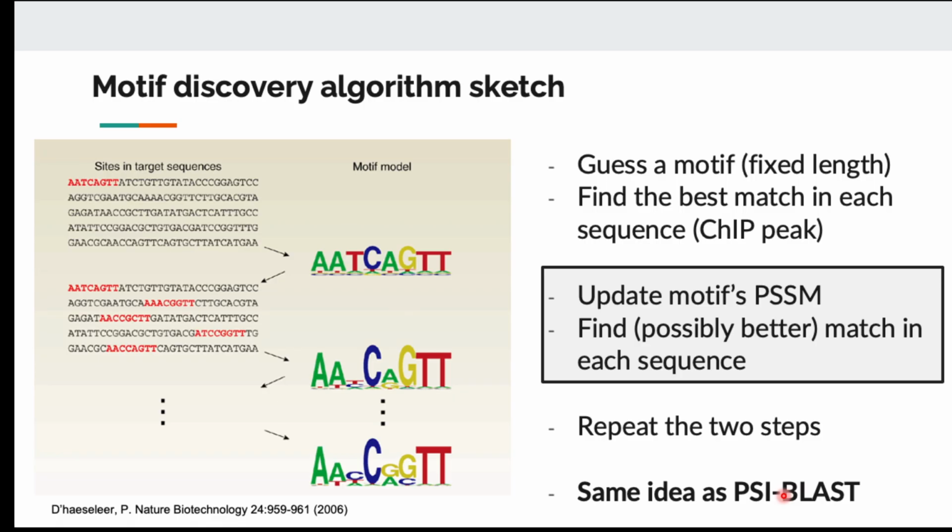And once we find the best match, we align them together to create this kind of frequency table, a frequency profile. And then we use the frequency profile to search to get a better match. And then this repeats until we arrive at the final amino acid frequency profile that hopefully matches the protein domain.